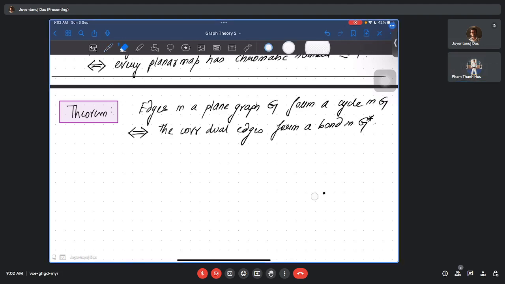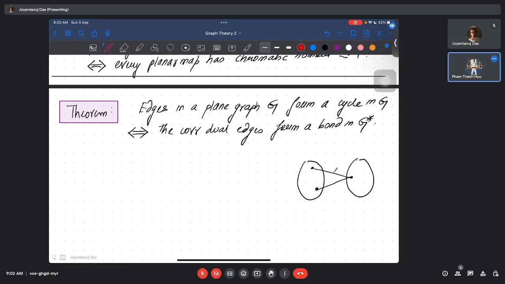Let us just draw in a general sense. Here there is a vertex and here there are two vertices, and suppose it is connected like this. Then if I delete these two edges, the graph becomes disconnected, right? So this set of edges is an edge cut, and the minimal non-empty edge cut is called a bond.